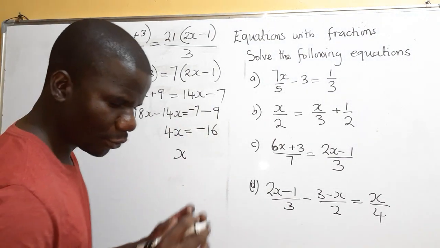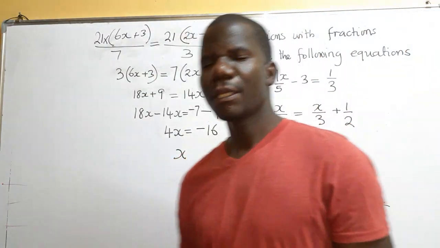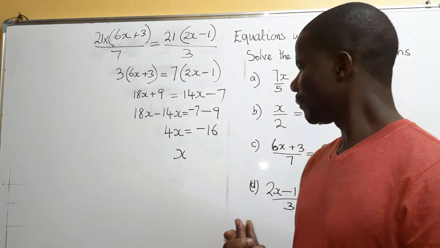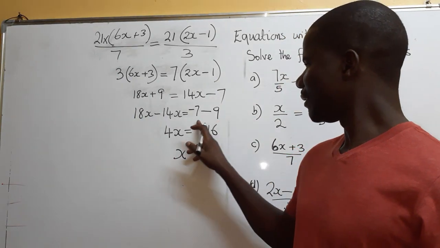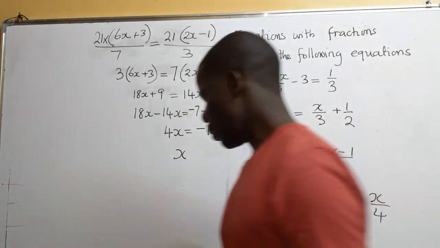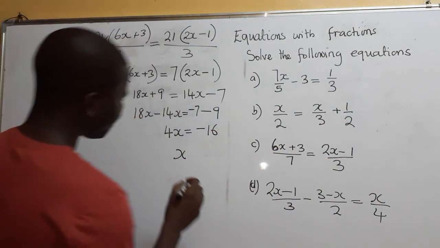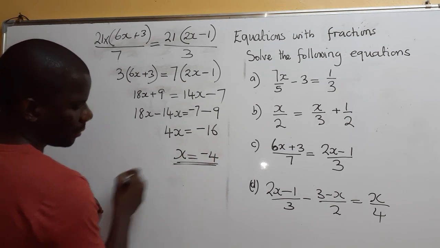When you are dividing two integers, one is a negative, the other one is a positive, your answer is going to be a negative. So in this case, negative 16 divided by positive 4, we are going to get negative 4 as our answer.